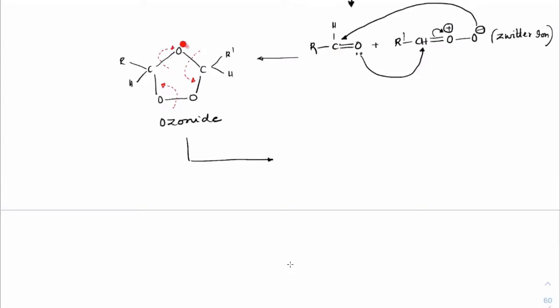So the oxygen which I wrote on the top will be left over as a nascent oxygen. And these two products would be forming as R, C double bond O, H, plus R dash, C double bond O, H, plus a nascent oxygen.